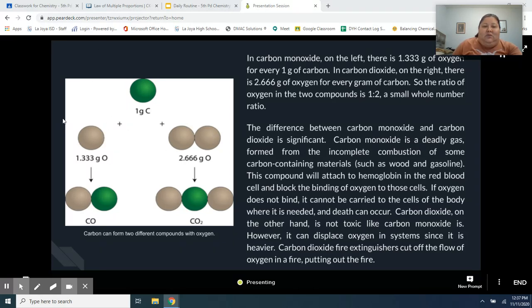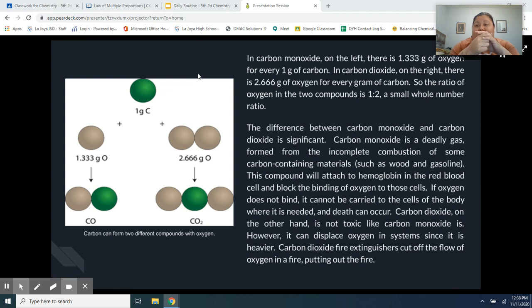We're looking at the ratio between what is different, and in this case, the element that's different is oxygen. If you divide 2.666 divided by 1.333, you will get a ratio of oxygen in the two compounds being 1 for every 2. That is known as a small whole number ratio.